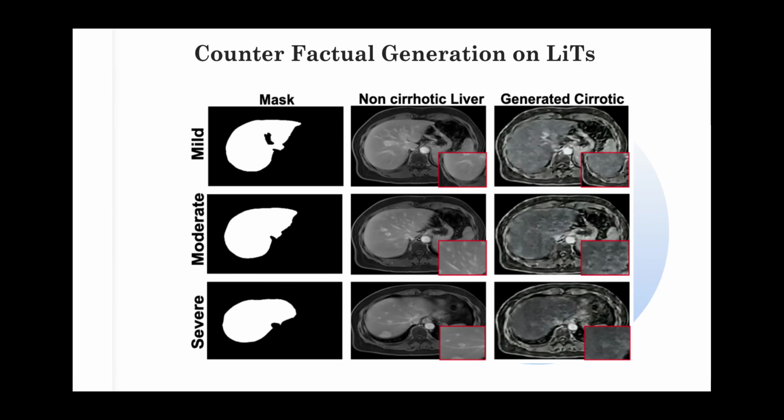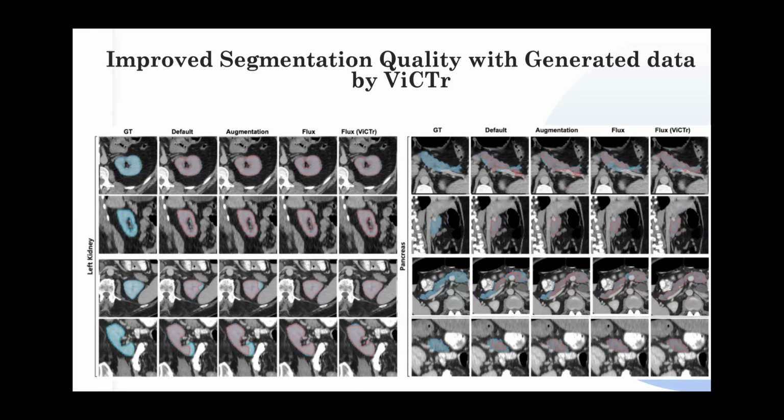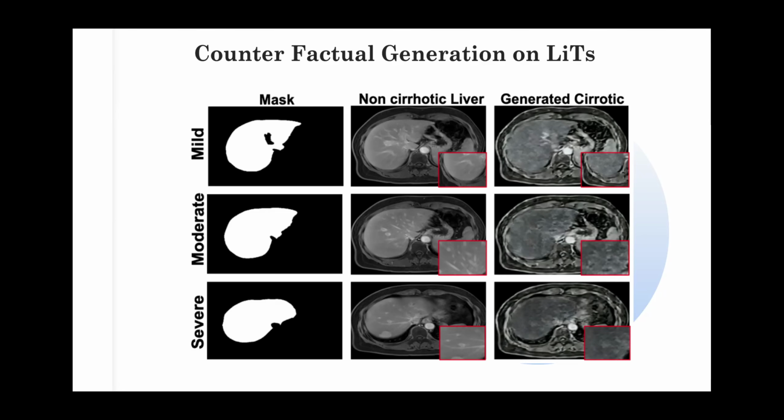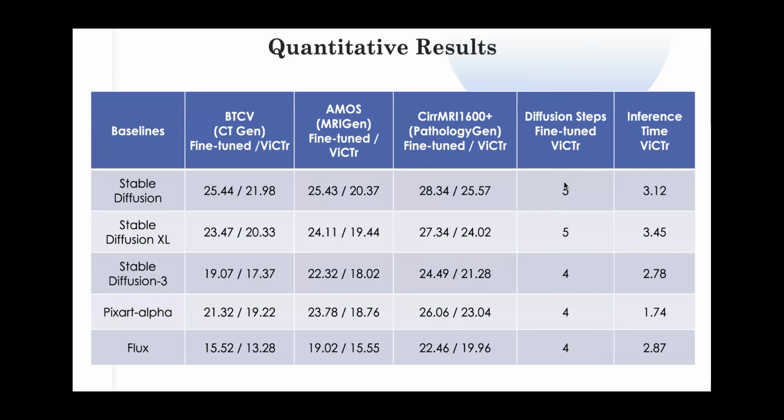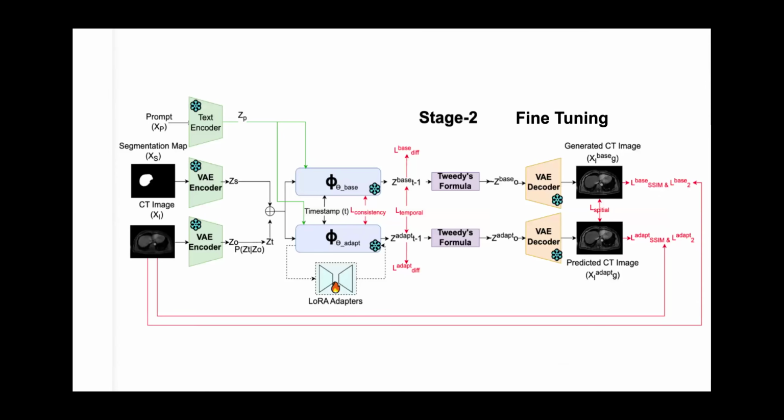Would you go back to the architecture slide, please? Stage 2. For the beginning of the prompt, could you give me some example of what the prompt is?